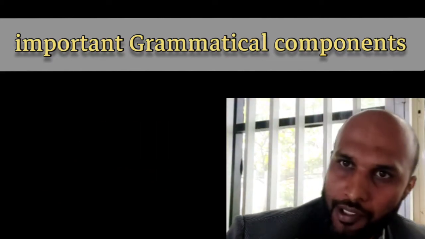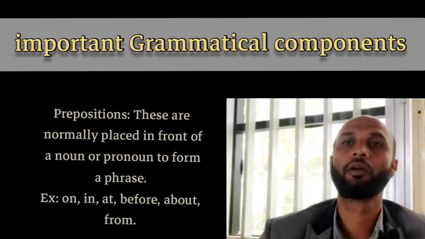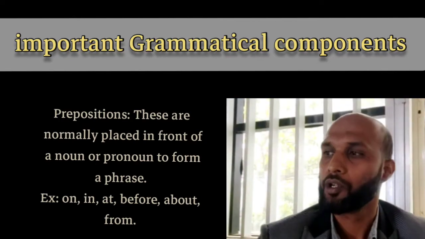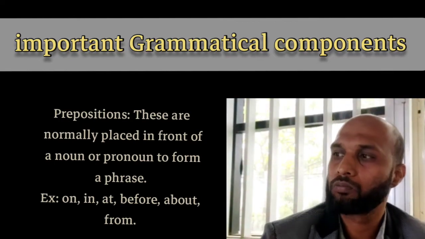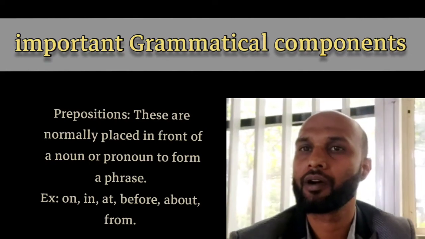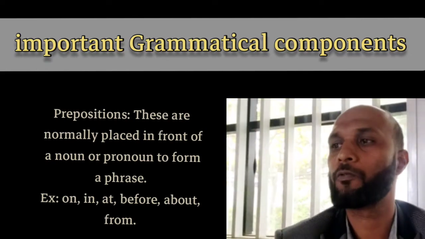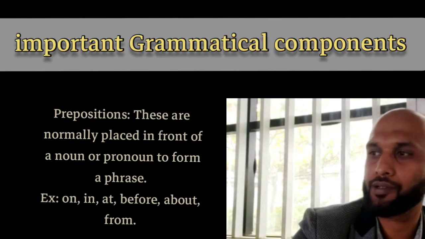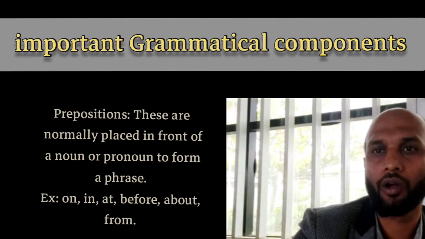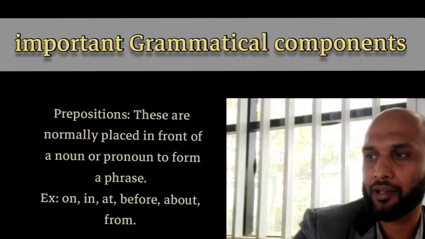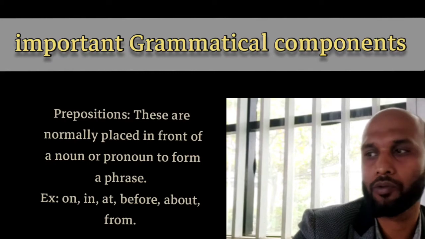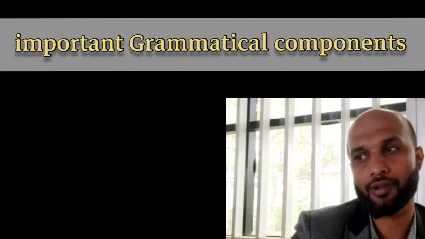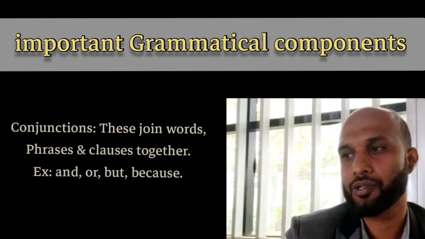Now let us look at prepositions. These are normally placed in front of a noun or pronoun to form a phrase. For example, on, in, at, before, about, from, etc. Conjunctions.